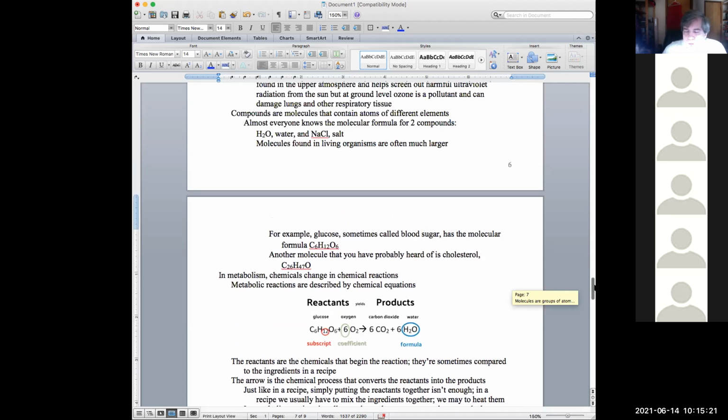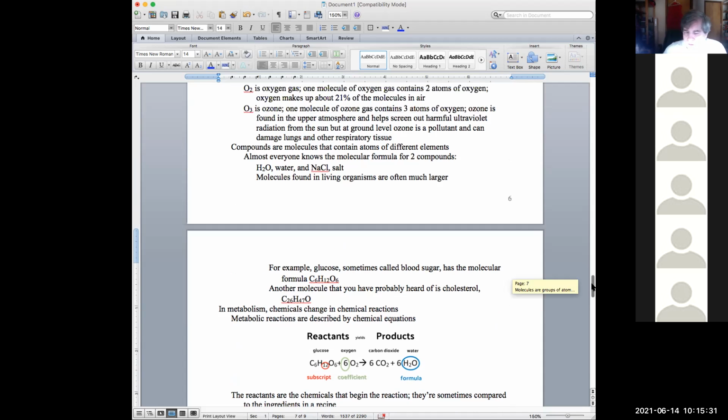We said that we don't usually see plain atoms in nature. We said usually we see atoms combined into what we call molecules. So a molecule is just two or maybe more than two atoms held together by what are called chemical bonds. And there's a special type of molecule called a compound.